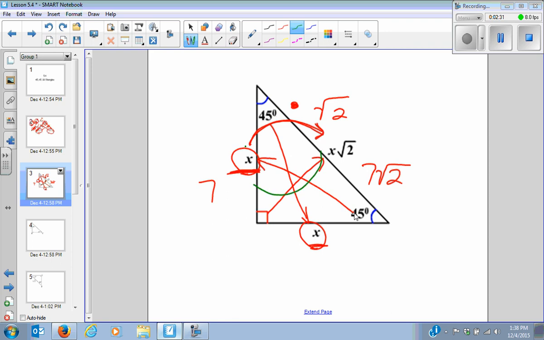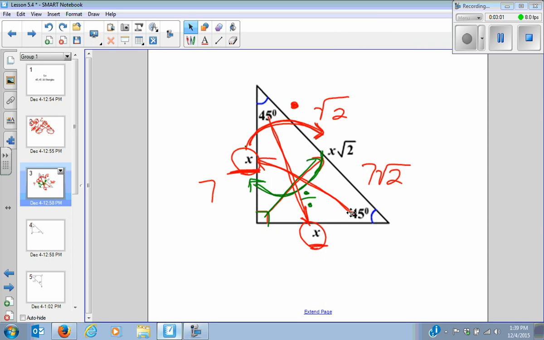Hopefully you're saying in your head, you would then have to divide. So depending on which way you're going, you're sometimes going to multiply by the square root of 2, or divide by the square root of 2. If you are given the one across from the 90 degrees, you're going to be dividing. If you're given the one across from the 45 degrees, to get to the hypotenuse you're going to have to multiply. And again, that's always across. It's always the one that's across that you're talking about that goes with it.